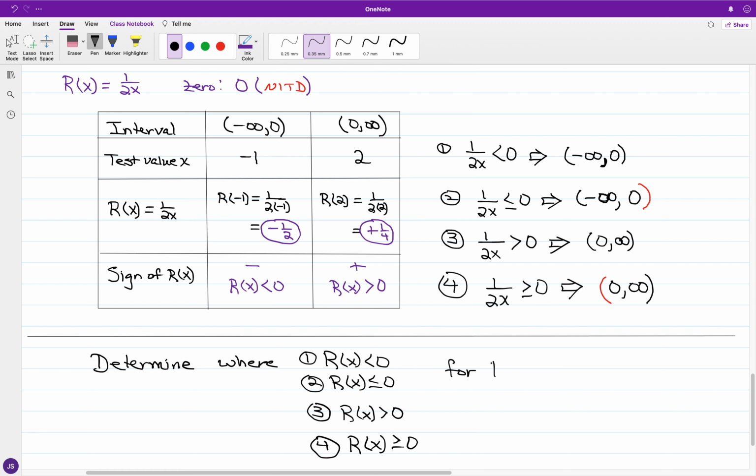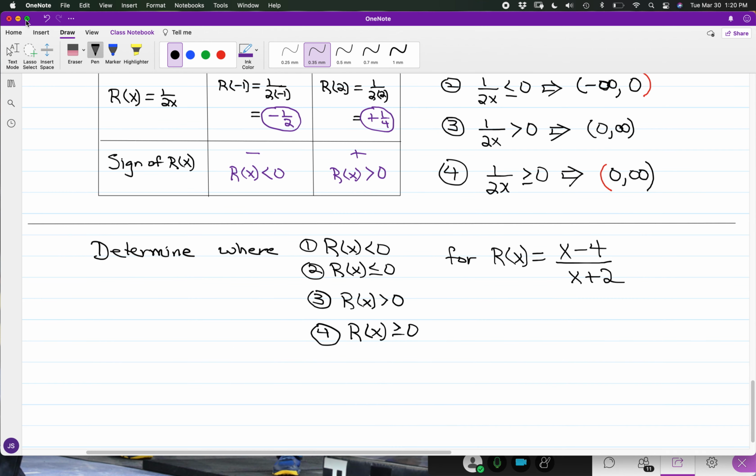Say we have r of x is equal to x minus 4 all over x plus 2. For the next few moments, let's see what inequality solutions we get for these comparison to 0 inequalities for the function r of x equals x minus 4 all over x plus 2.